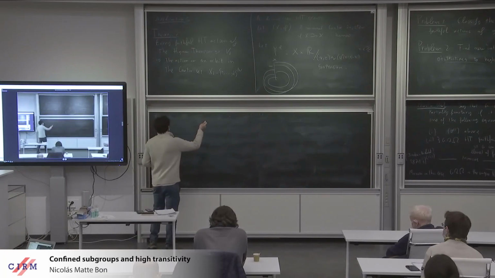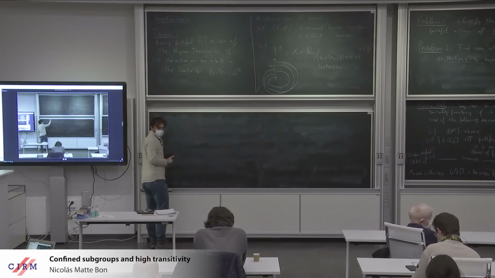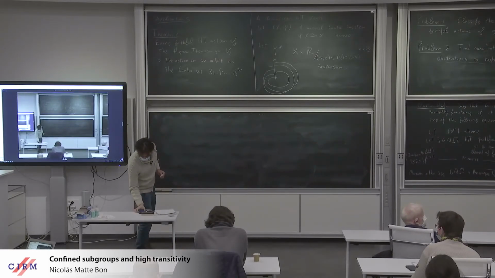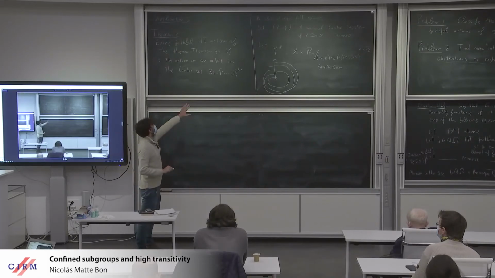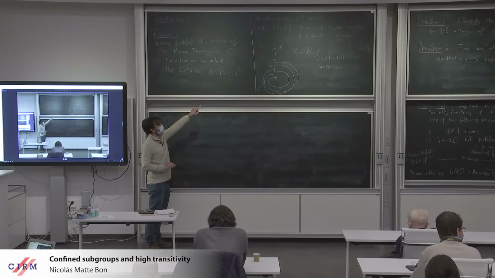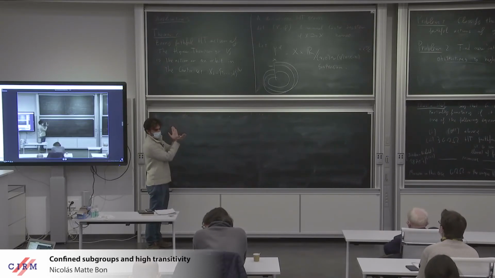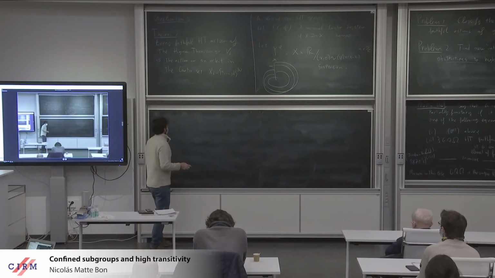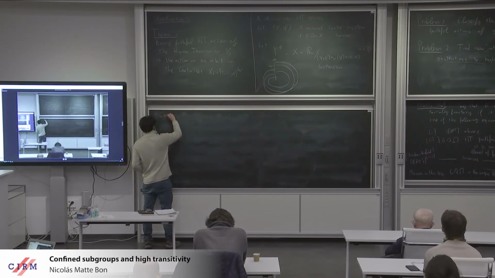And so for this, let me first just give you another. I have 5 minutes, right? Yeah, OK. So I will make it. So in order to understand this space, you can think of it: this space is obviously locally Cantor set times R. And there is a natural system of coordinates, actually, that I want to introduce explicitly to define the groups I want to talk about, which is the following. So let me call them charts.